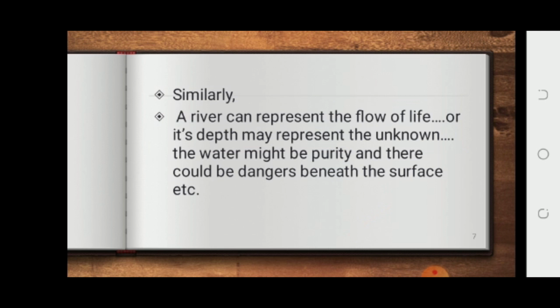A river can represent the flow of life. We can relate a river with the flow of life, or its depth may also represent the unknown. The water might be purity, and there could be dangers beneath the surface.